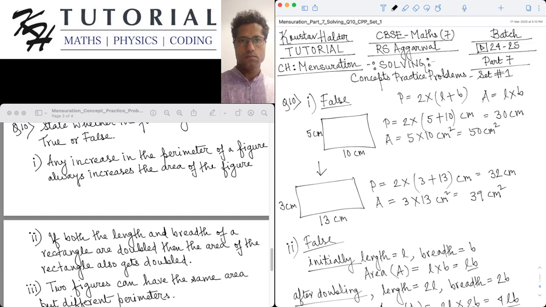So I have solved all the problems of concept practice problems set number 1 from the chapter of mensuration. Very soon I will prepare and release concept practice problems set number 2, which will have fewer problems, but it will be based on the same topic, that is area, perimeter, diagonal of square, rectangle and 4 walls of a room.